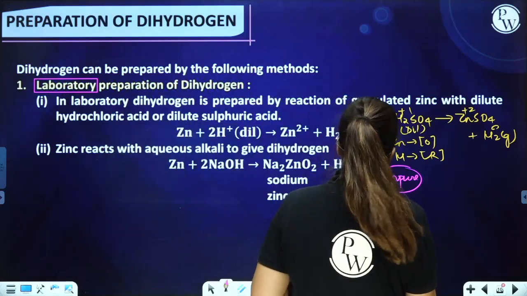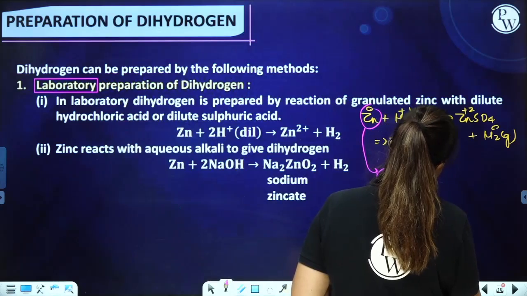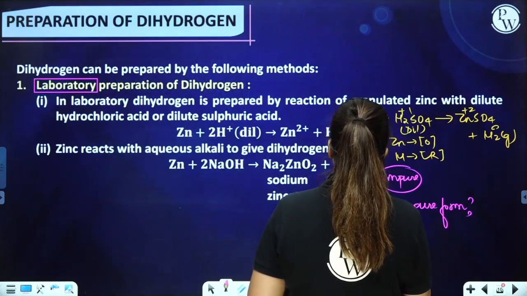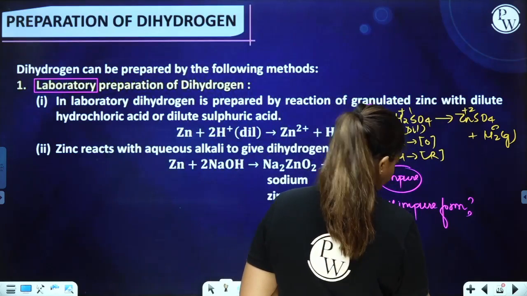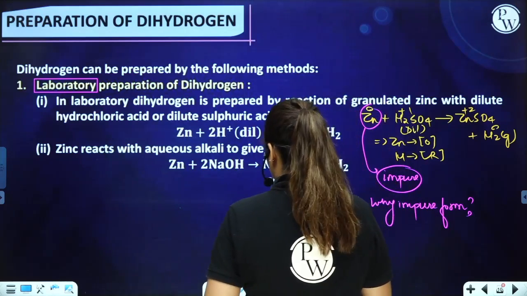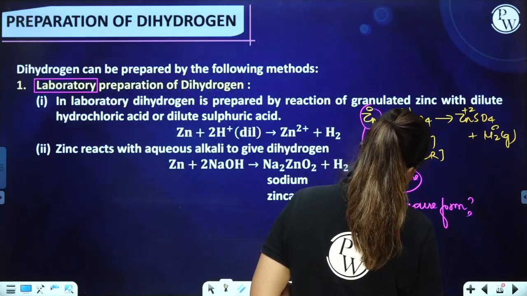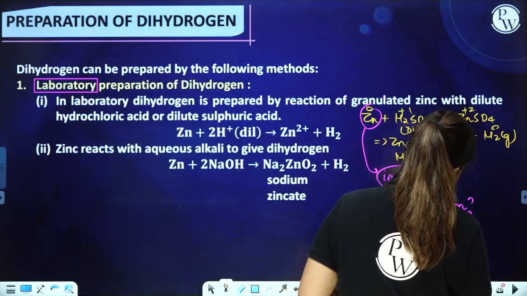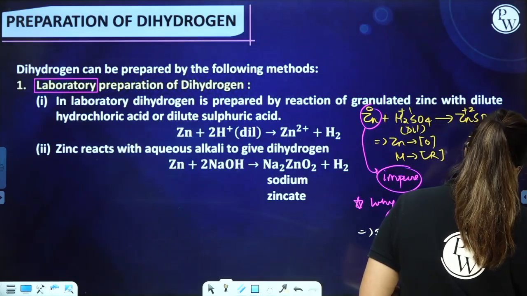Why do we have to take the impure form? Because the reactivity of zinc is directly proportional to impurity.